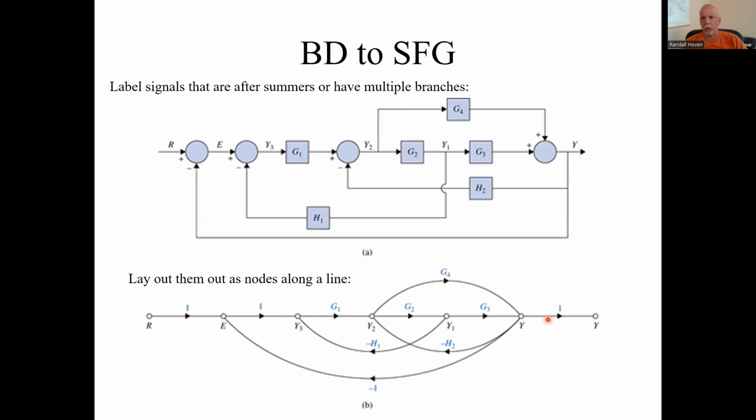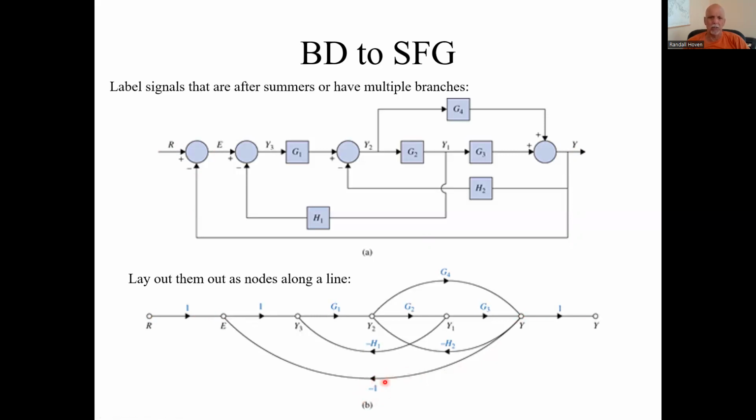And to get a clean output, one more node, just multiply by 1. Now let's see, what is E? It is R minus Y. So we have R coming into it. We need another signal, Y, and it's a minus, so we need to multiply by -1.